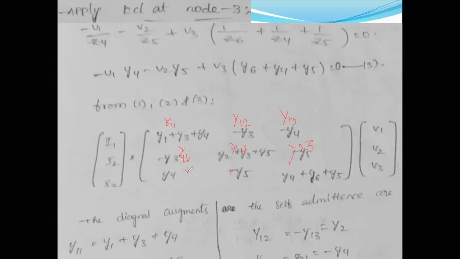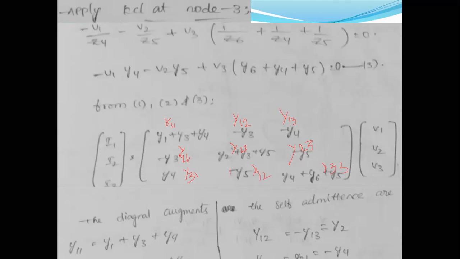Next, this is y31, this is y32, and this is y33. This is the Y bus matrix by using the direct inspection method.